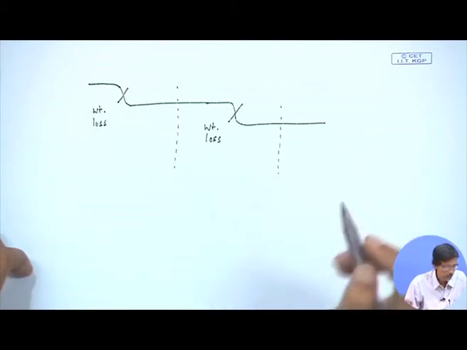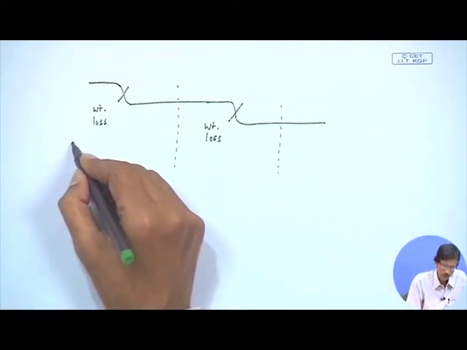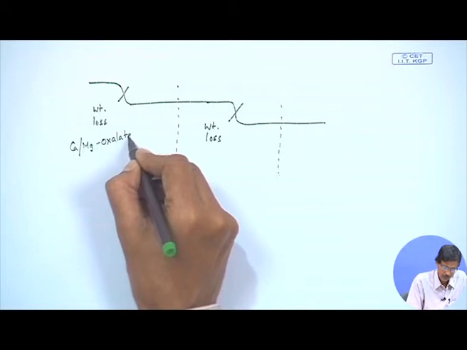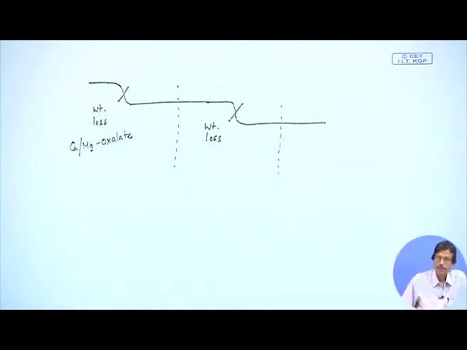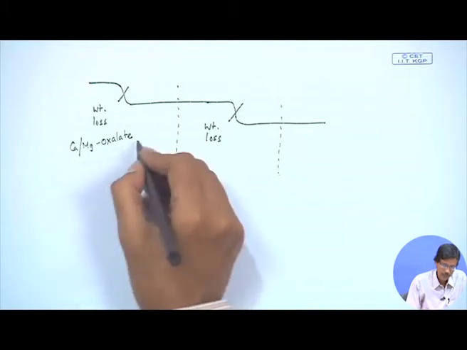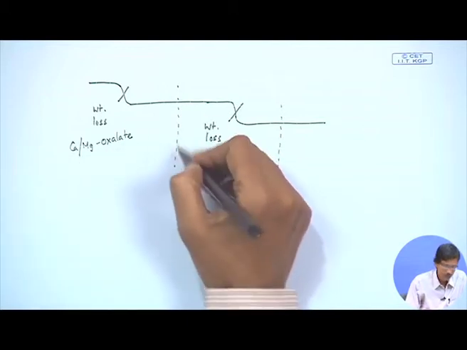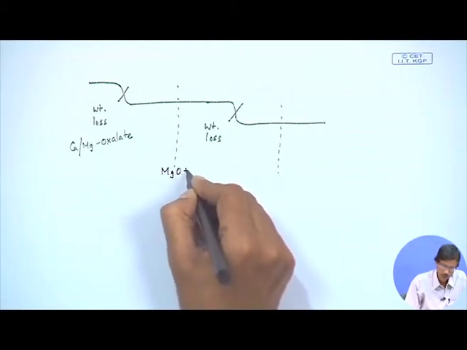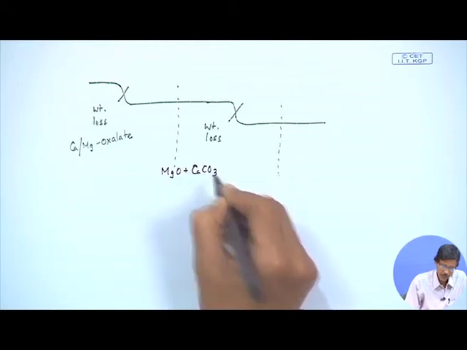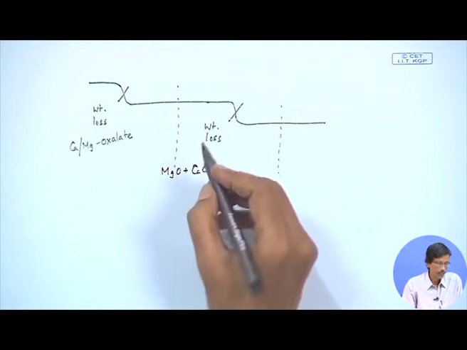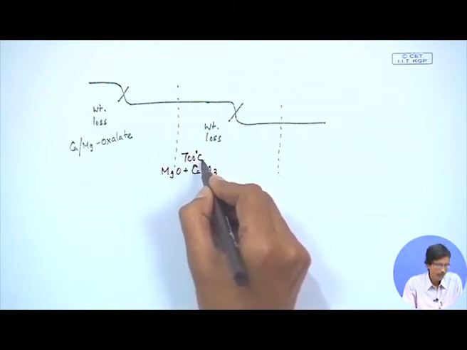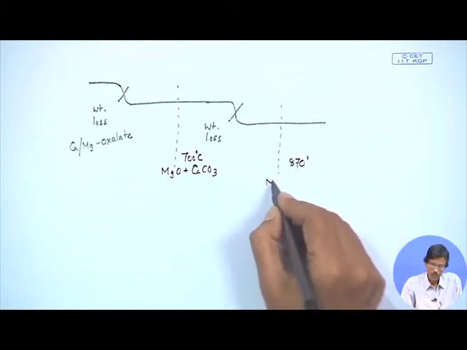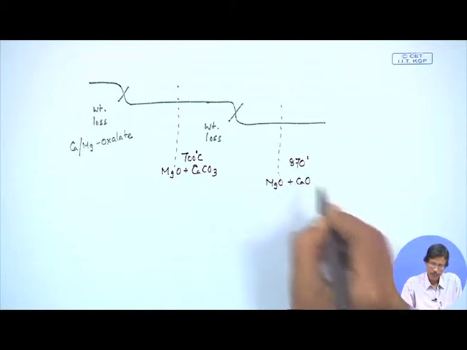At this temperature, if we have a mixture of calcium and magnesium oxalate, these will be decomposed, but at this particular point we have a mixture of magnesium oxide and calcium carbonate, because we know that at this temperature, which is 700 degree centigrade, and at a temperature of say 870 degree centigrade, we will have a mixture of magnesium oxide plus calcium oxide.